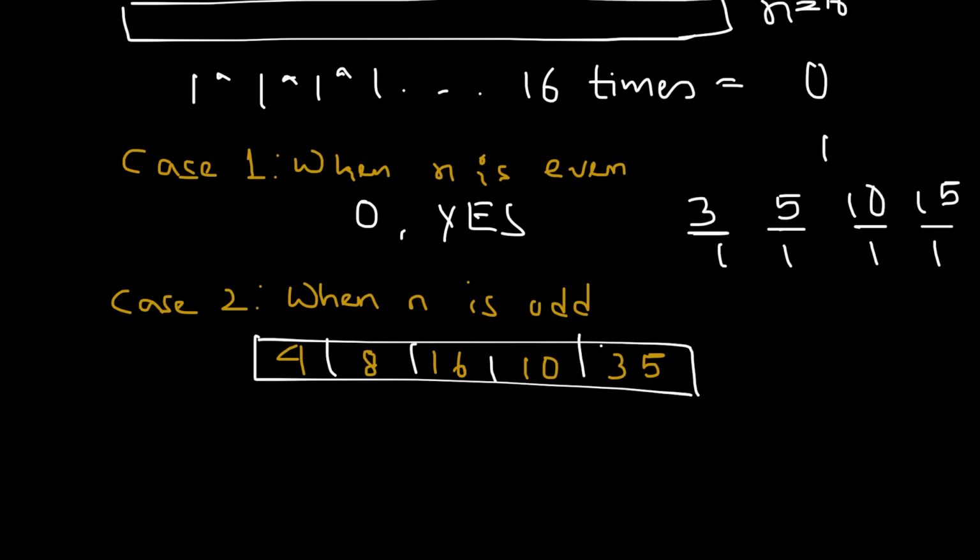So the number of ones will reduce by 1, and it becomes even from odd. If I just make this a pair, then the h value is also 1, and for the others we know the h value is 1. So from an odd number of ones, it becomes an even number of ones, right? That way we can make the XOR value 0.